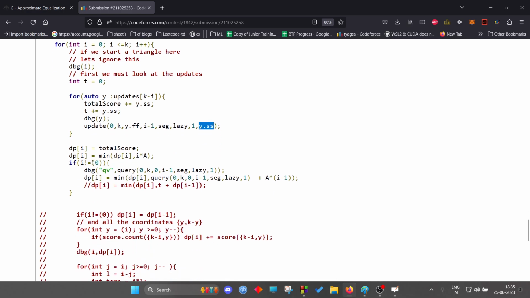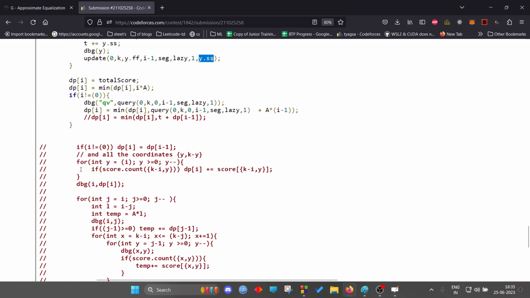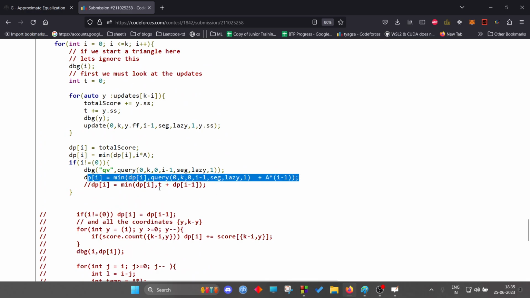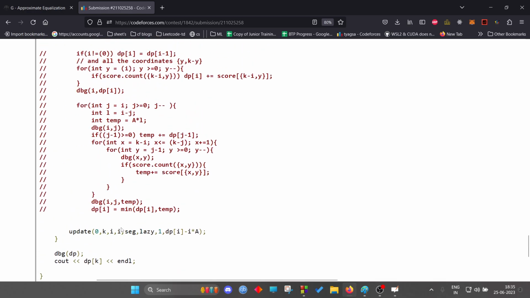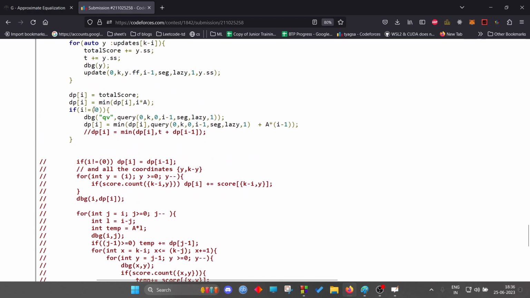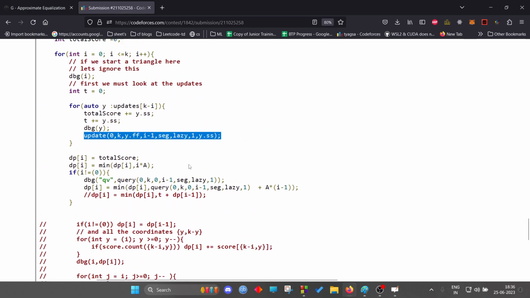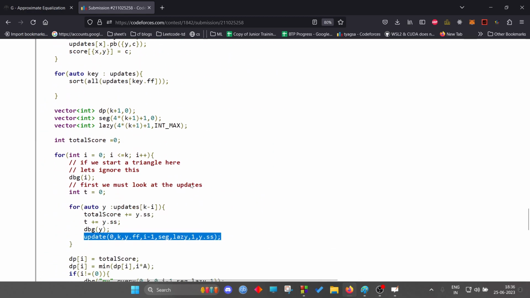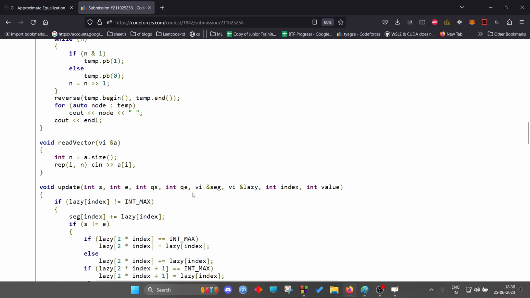Otherwise, once I have calculated my DP value, which is simply querying, I will update the DP at my position with this value. Later on, whenever new elements are added to the region for my index, they will be added in this update only. So that's how I solved the problem.